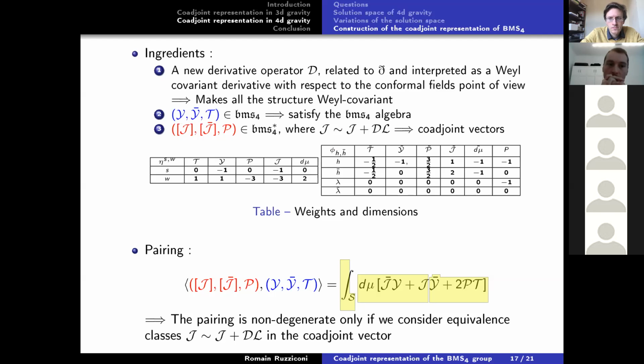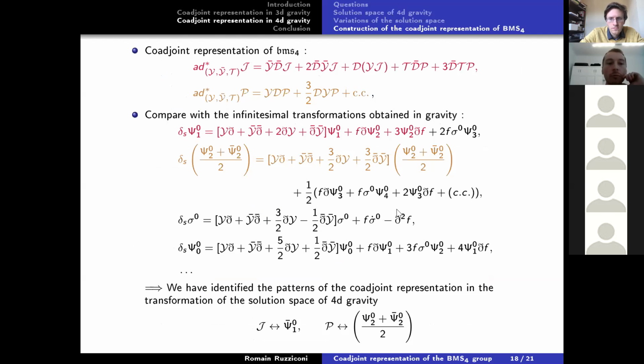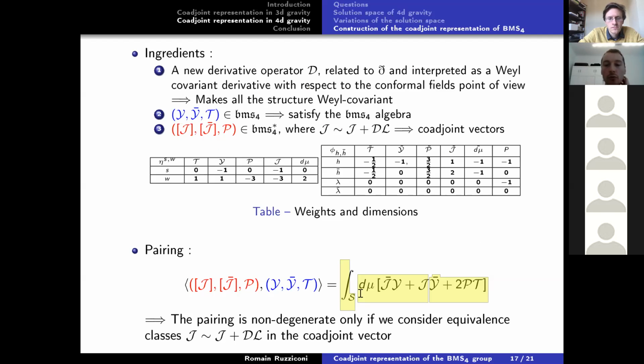It would be true if the asymptotic shear did not transform under supertranslation. Basically, if you start with asymptotic shear zero, then you will get something which is non-zero. This will probably modify the expression of the charge, though I have to check precisely. But I think they will still remain conserved.